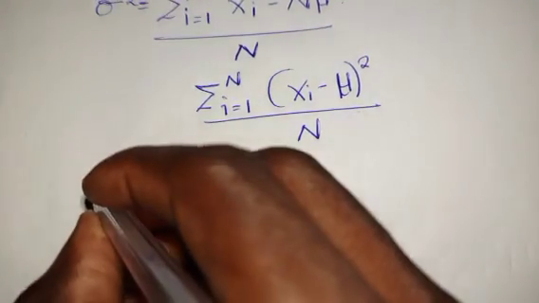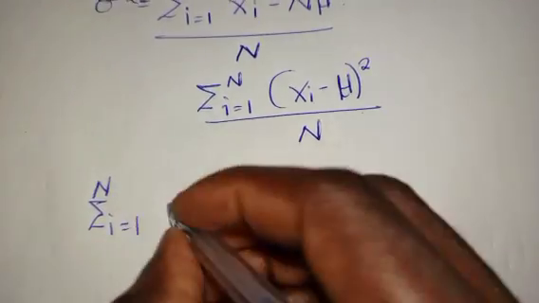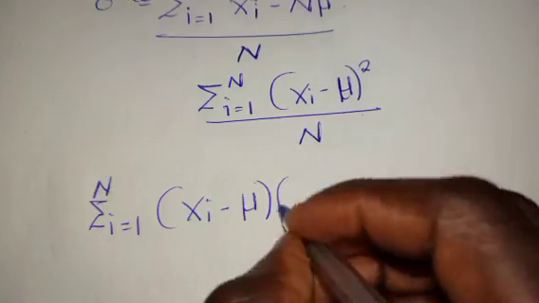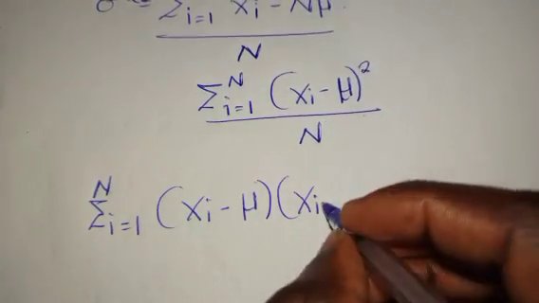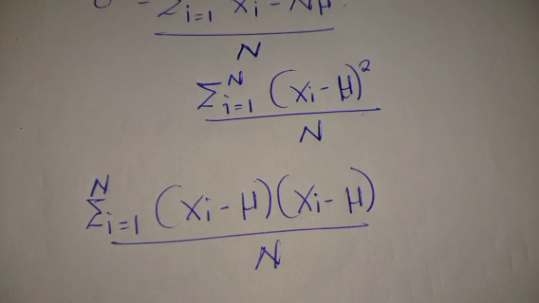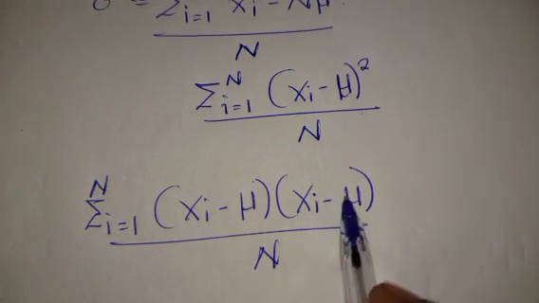For us to expand, we just copy this the way it is. Then we have (x_i minus mu) and (x_i minus mu) as well, over n. Now we will distribute this to what is inside.